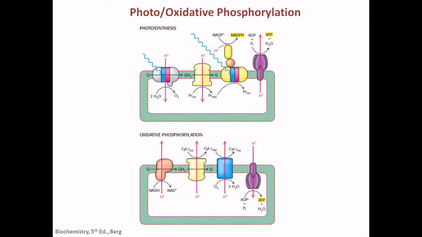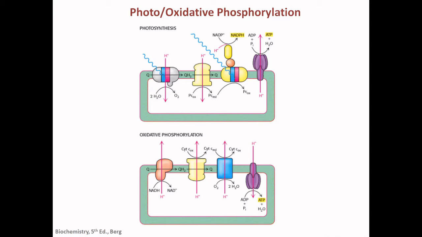In oxidative phosphorylation, the proton moves from the intermembrane space into the matrix of the mitochondria, and in the case of chloroplast, it is moving into the stroma of the chloroplast. So this is the sequence of the oxidoreductase process in which the electron moves from molecules with low reduction potential to molecules with high reduction potential.